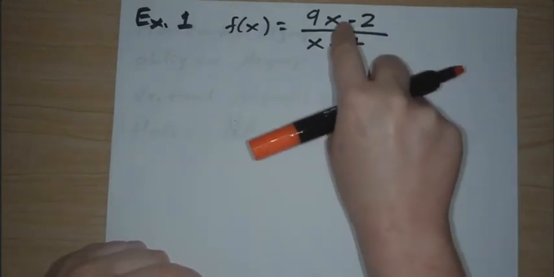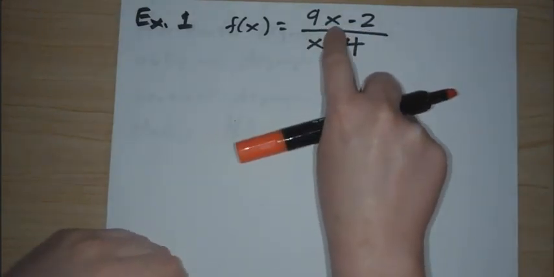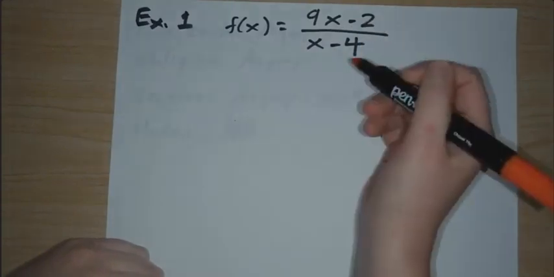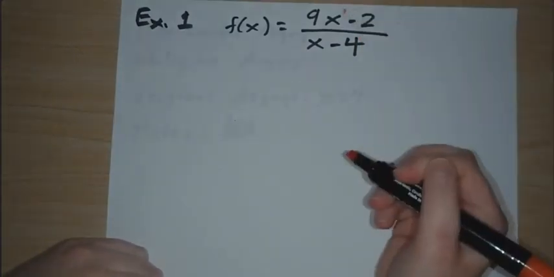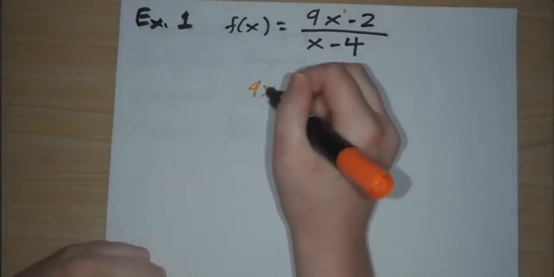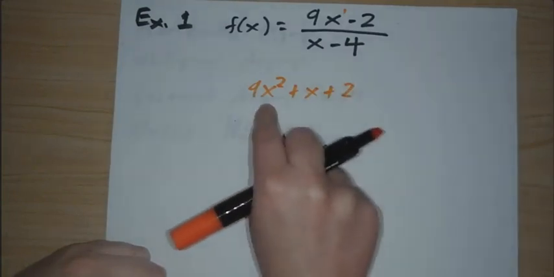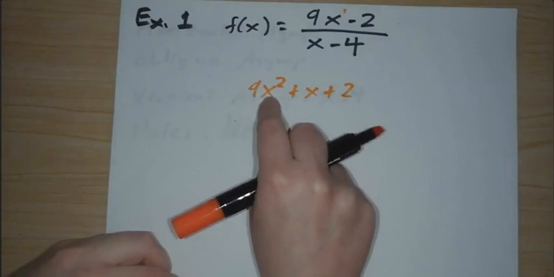So the leading variable here on the top from 9x minus 2 is 1. The degree of this is 1 because there's a little invisible exponent there that is 1. For example, if we had the polynomial 9x squared plus x plus 2, the leading degree of this polynomial would be 2.